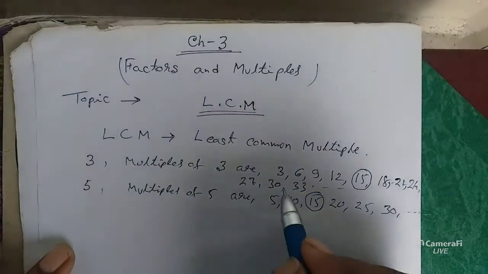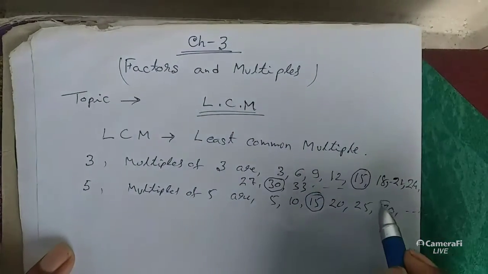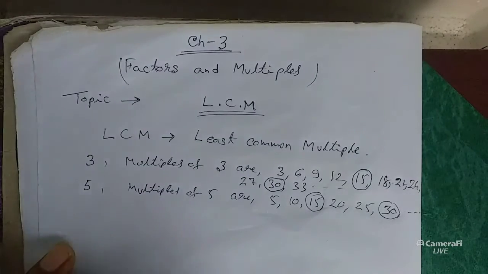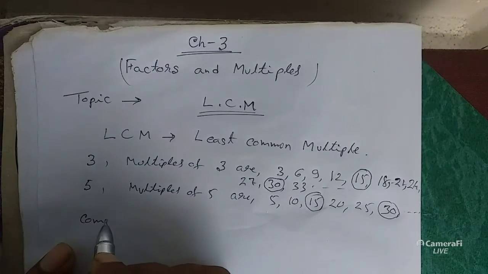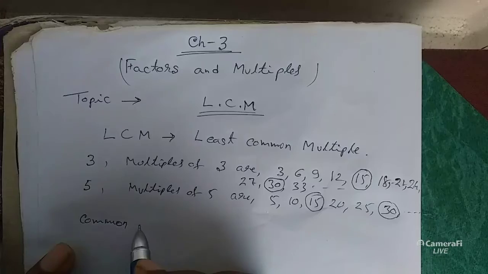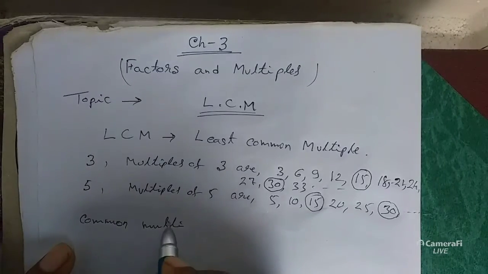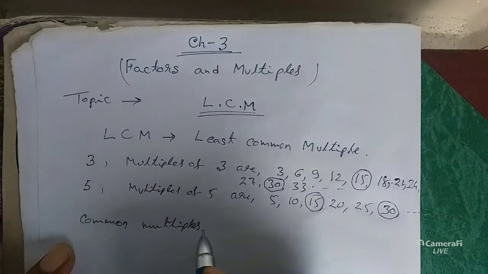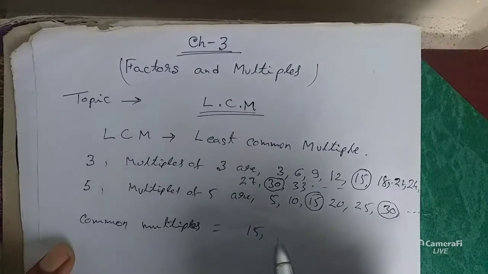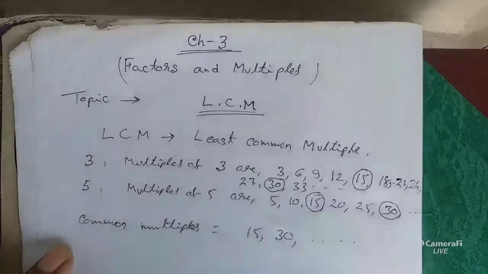So, again we get a common multiple 30. So, we are getting common multiples as 15, 30 and so on.